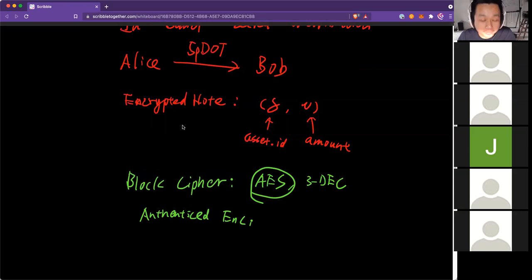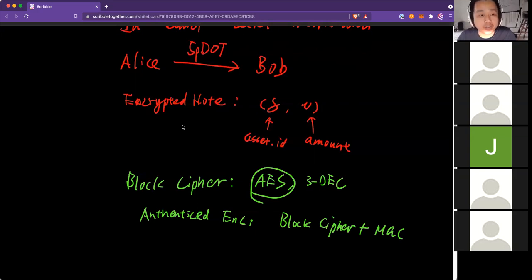Again, I will not dive into the details of the authenticated encryption scheme. It should be easy to look up online. But the idea here is that authenticated encryption is a block cipher plus a MAC, a message authentication check.